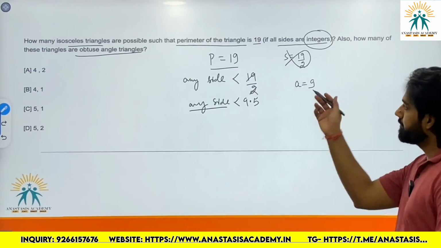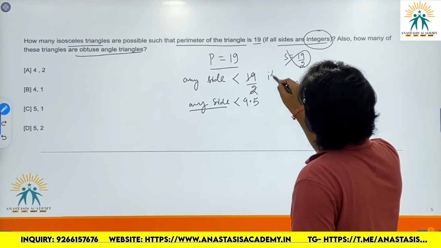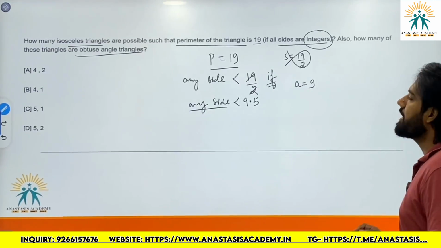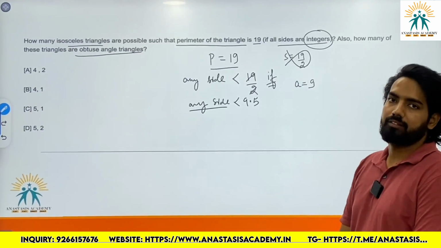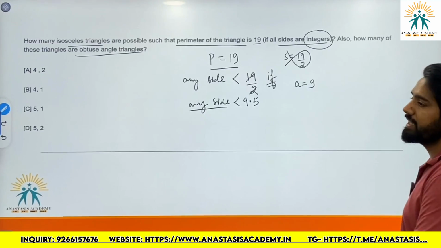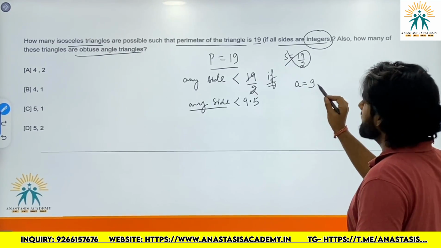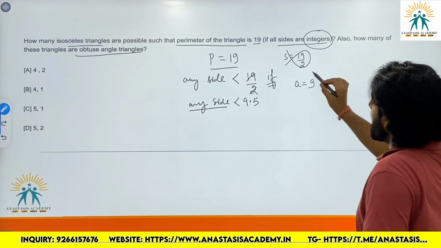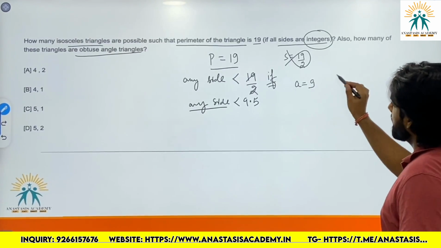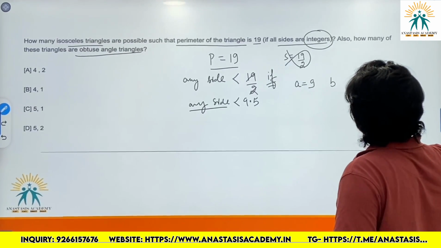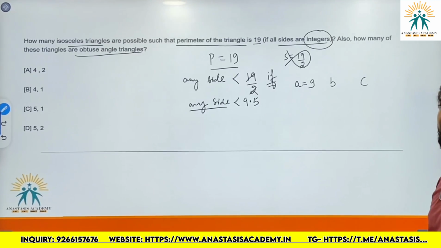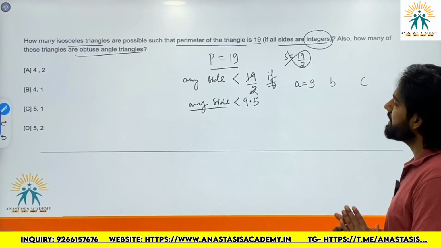So I am finding the triangles if one side of that triangle is 9. If one side is 9, I am assuming this is the unequal side, the third side apart from the two equal sides.